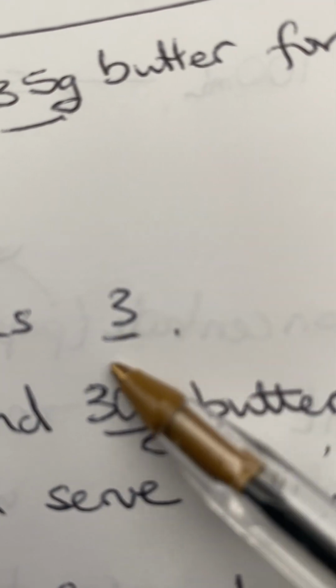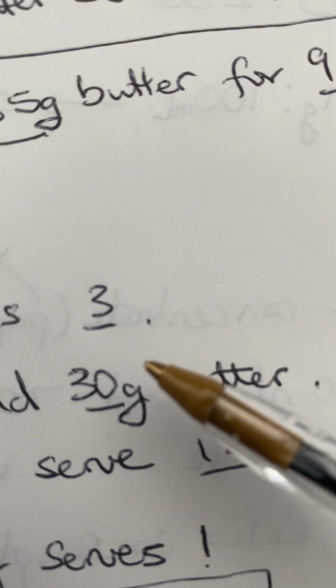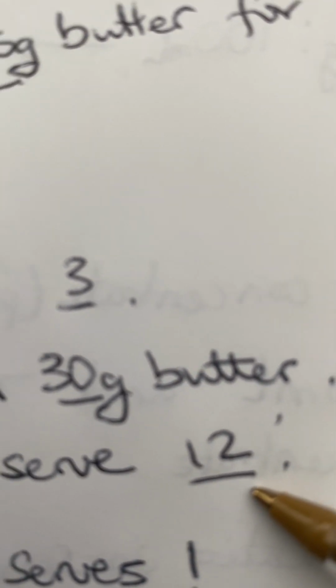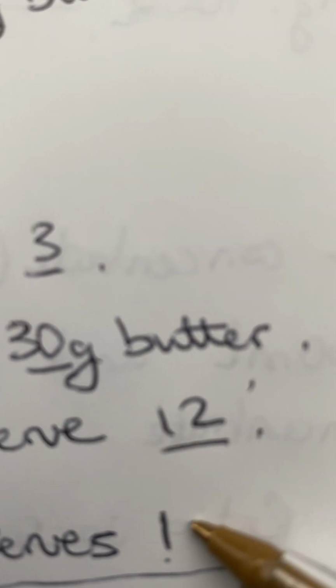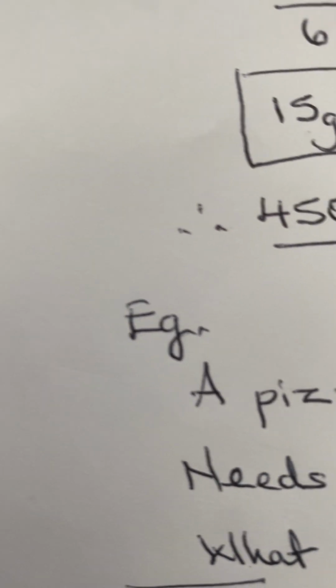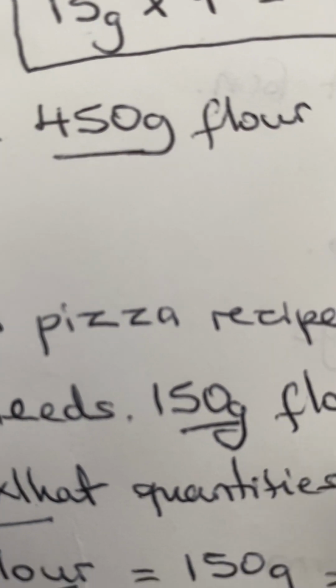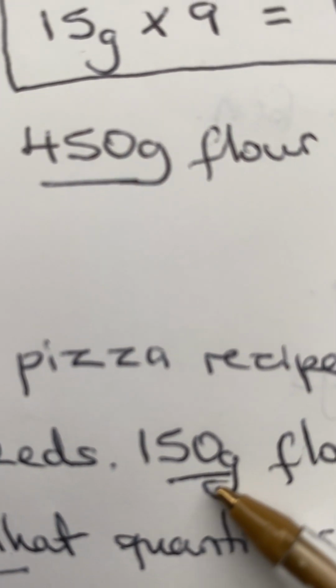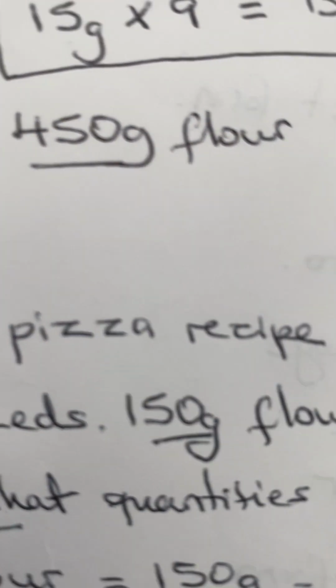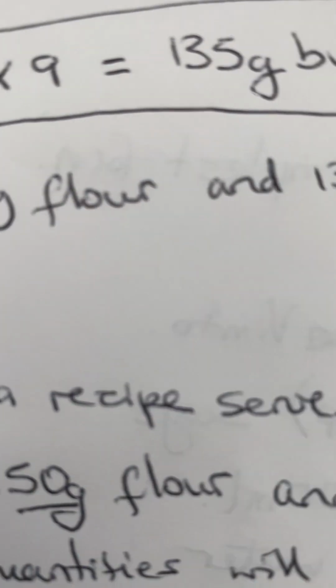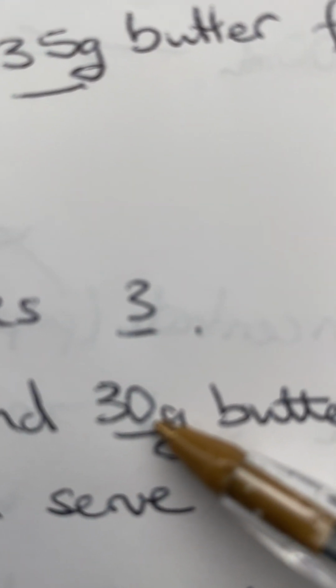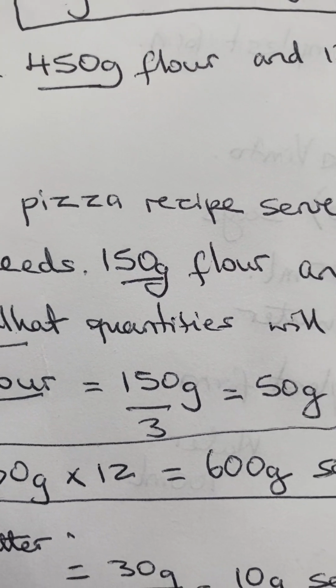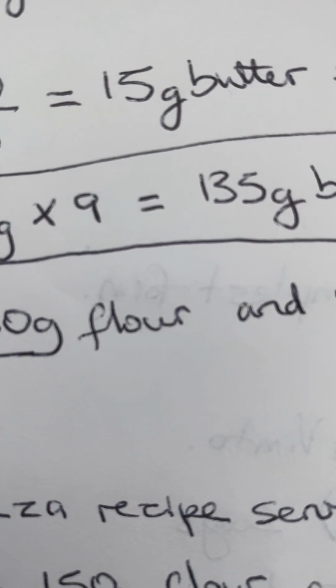Now, an easy way to do this: look at 3 and look at 12. 3 times 4 is 12. So, under exam conditions and with experience, I'll just multiply each of them by 4. If I multiply 150 by 4, I get 600 grams. And if I multiply 30 by 4, I get 120 grams, without using the unitary method.